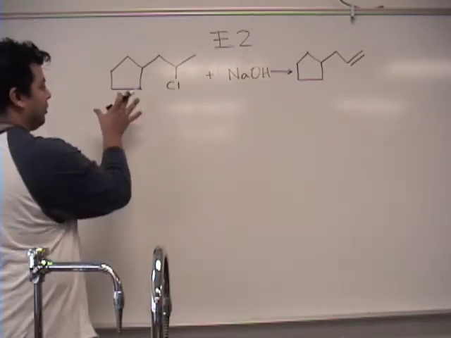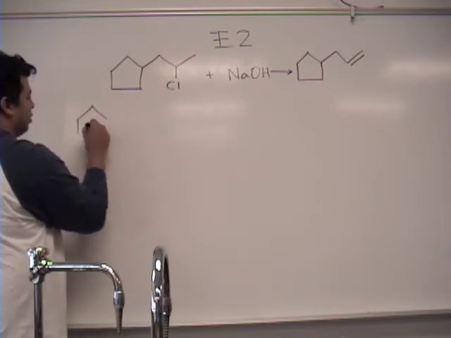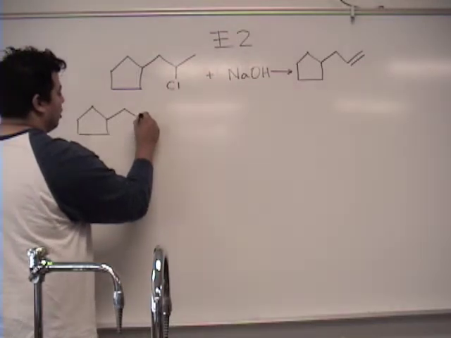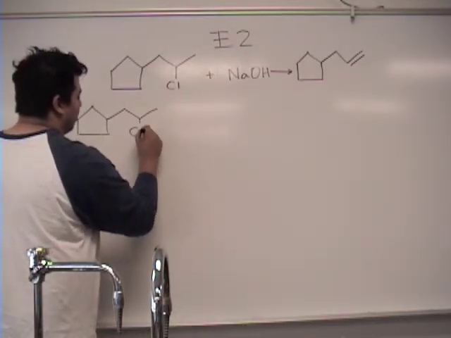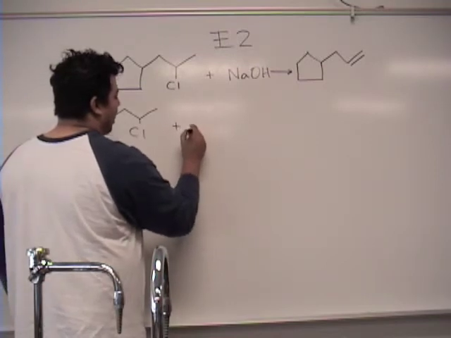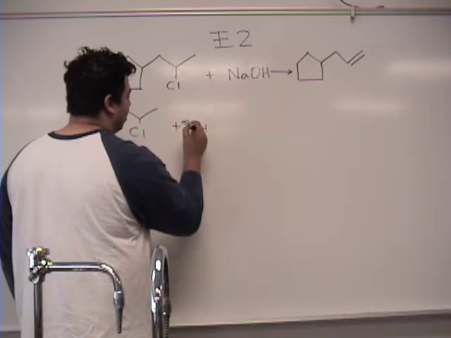So what I'm going to do is I'm going to copy this side right here. So that's step 1. And then this, my Cl right here. Then I know that the OH is the one playing the role here.